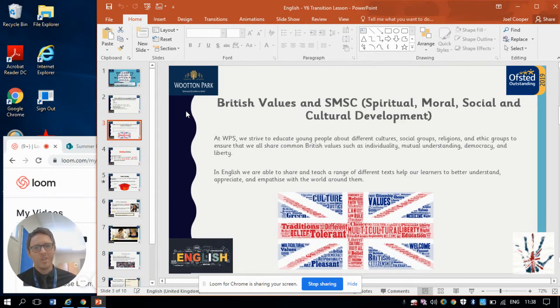Okay, and those common British values are things such as individuality, appreciating people's differences, and having our own individual voice, showing mutual understanding, respecting each other's opinions, being democratic in our process, so making sure that everyone is free to express themselves and develop their own opinions, and liberty, once again coming back to that idea of freedom.